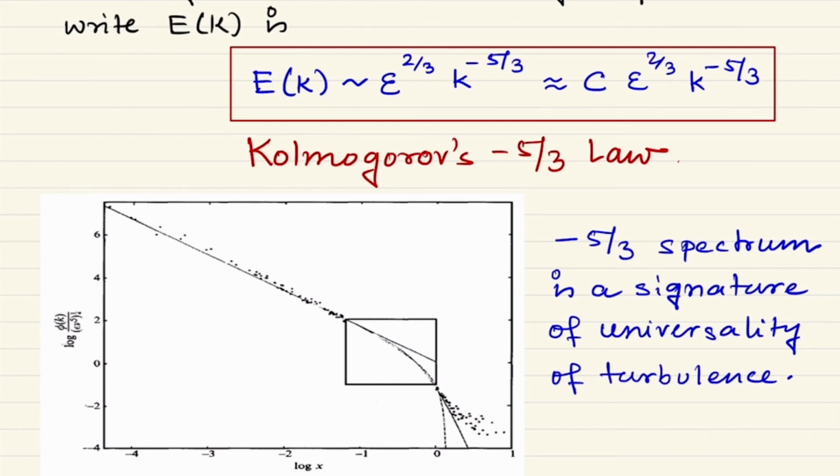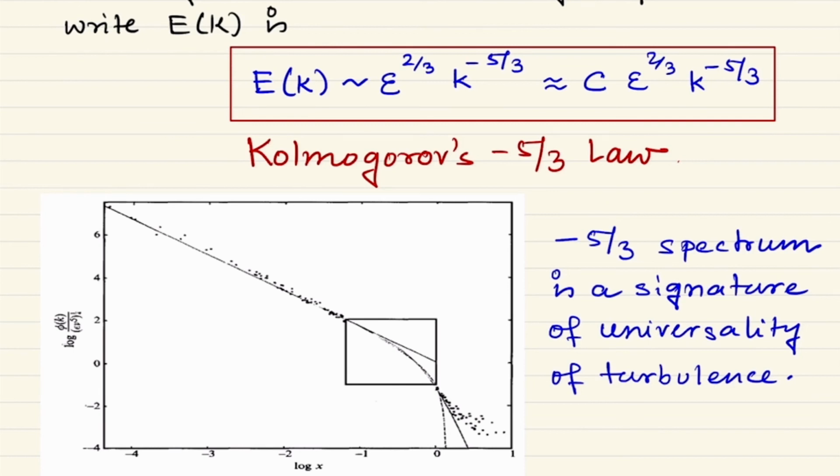Here you see that although the points where they start dissipating are different, all of them have some common range with this type of power law. And the fabulous thing is that when you calculate the slope, it is minus 5/3.